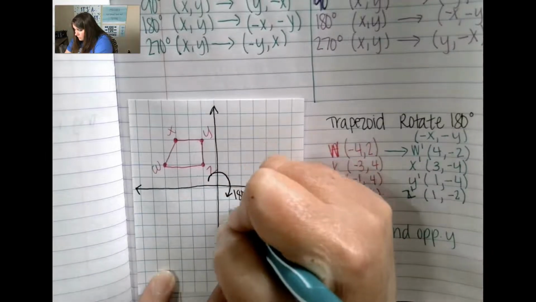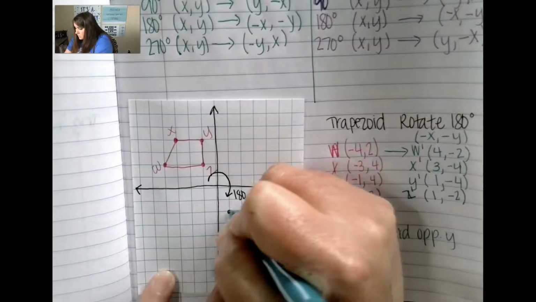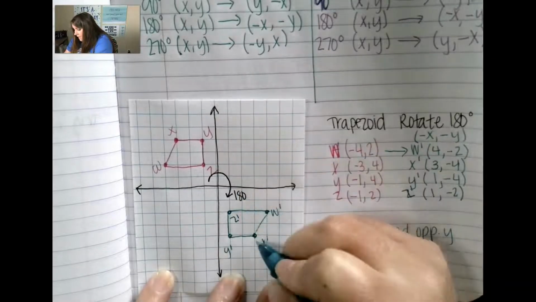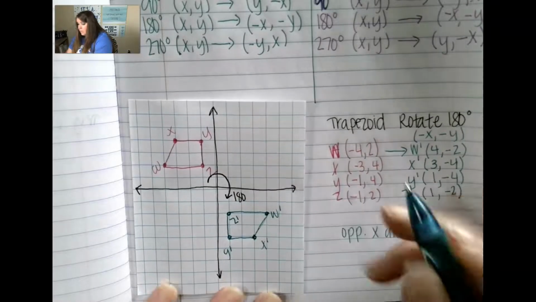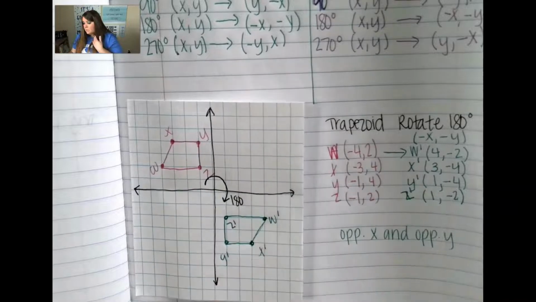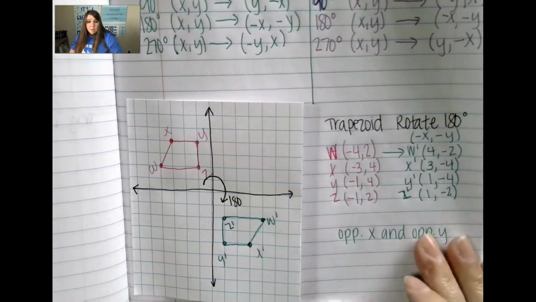So over 1, 2, that's Z1. So I'm going to connect these dots, and boom. I have a trapezoid. I've rotated it once and twice, so now it's facing this way. It's like a pinwheel, spinning around the origin.